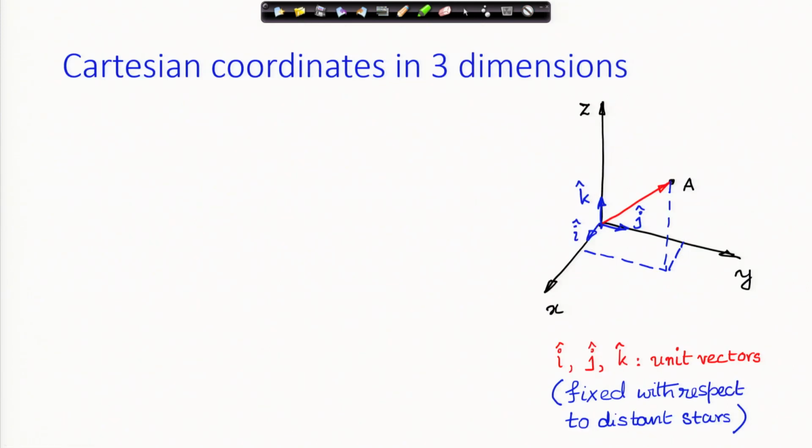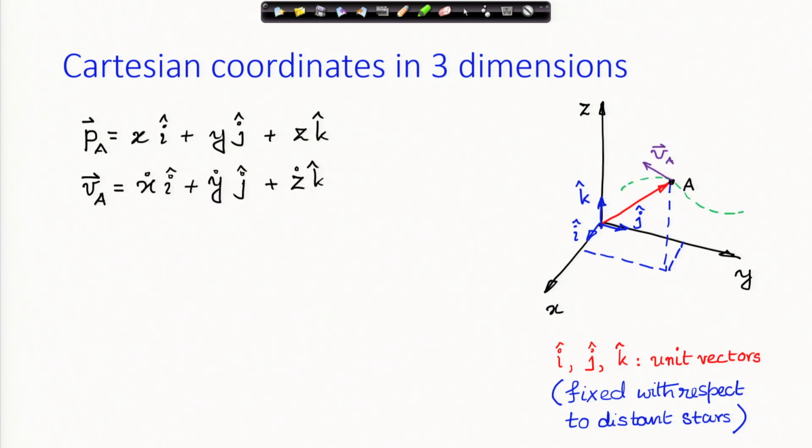Next we move to coordinate systems in 3 dimensions. This is the Cartesian coordinate system, which is straightforward. Again, this I cap, j cap, k cap are unit vectors which are fixed with respect to distant stars. So the position vector is x I cap plus y j cap plus z k cap. I differentiate this to get my velocity, x dot, y dot, z dot.